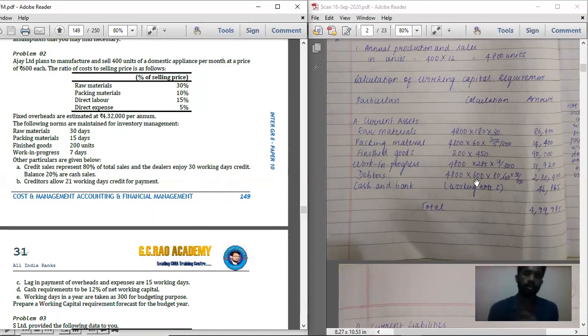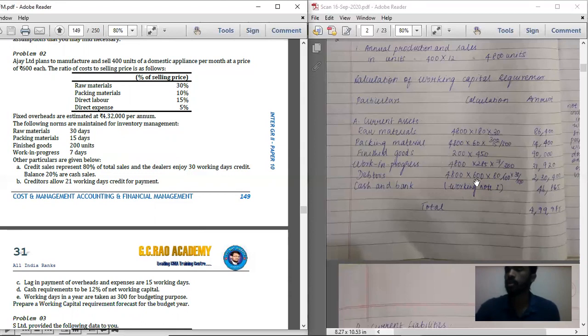See, for debtors, as I told in the previous sum, you should always calculate selling price, and for finished goods you should always take total cost per unit, whereas for debtors you should take selling price per unit. So 4,800 into 600 rupees into 80%, because 80% is the credit sales, 80 divided by 100 into 30 divided by 300.